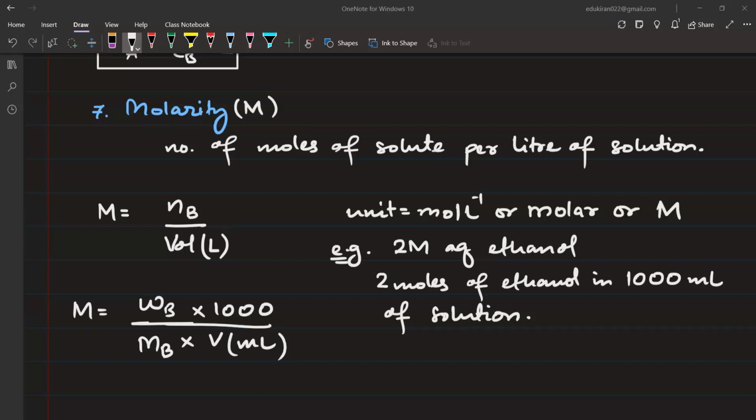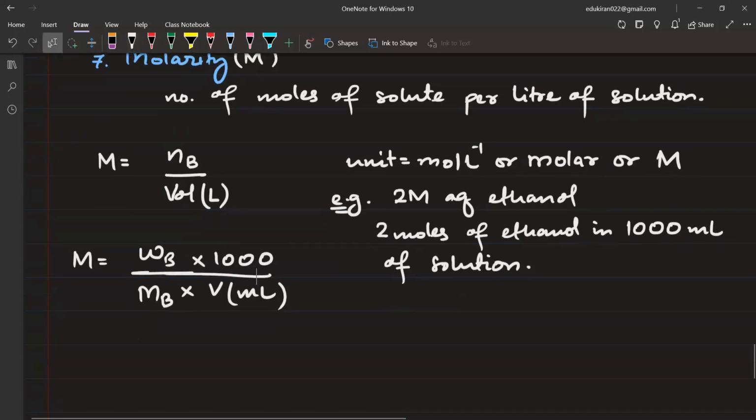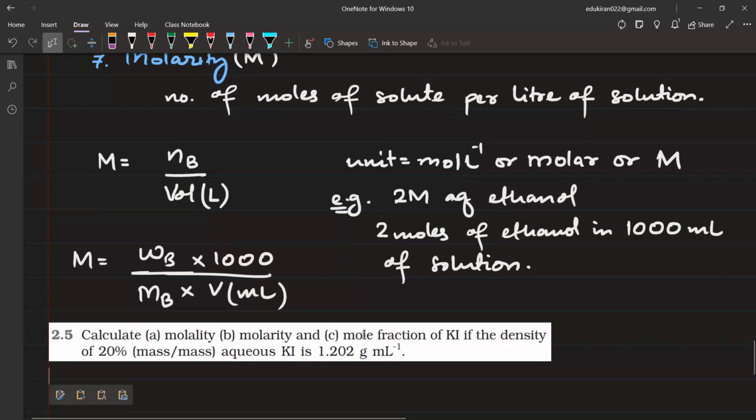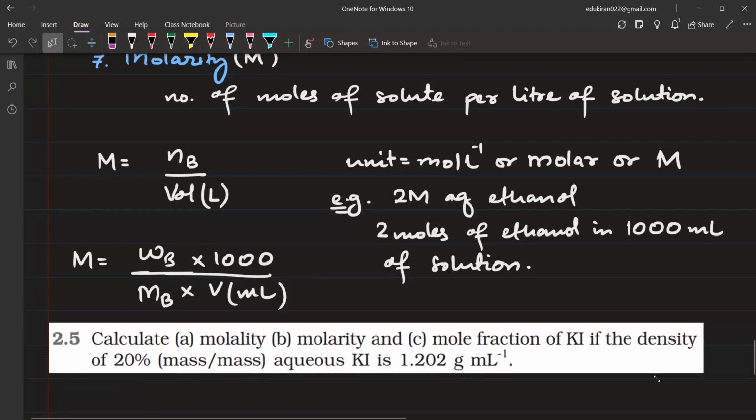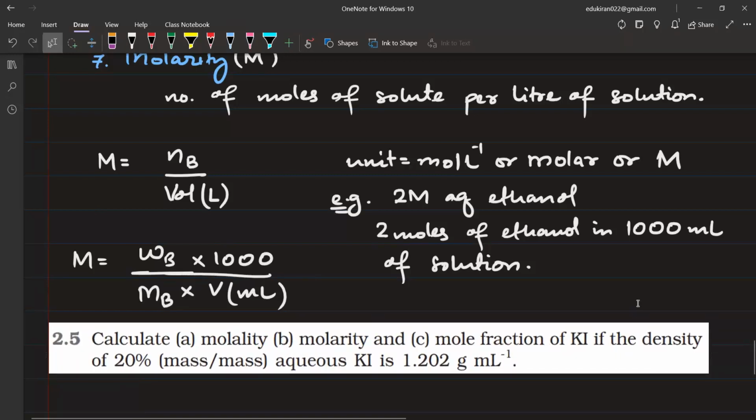This is a very basic revision that you can have for concentration terms. And it is the most basic question that you can do to revise, just to know whether you can deal with numericals or not. So if you are able to retain the formula of molality and mole fraction, then this is the question.